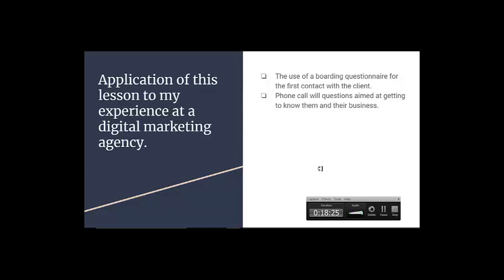So maybe you have a digital marketing agency, and they want to consult with a client or provide services to a client for SEO, PPC, maybe web development, any other service that is related to digital marketing. At that point, sometimes you need to use a questionnaire to collect as much information from these small business owners as possible, so that you can use that to structure your digital marketing campaigns.